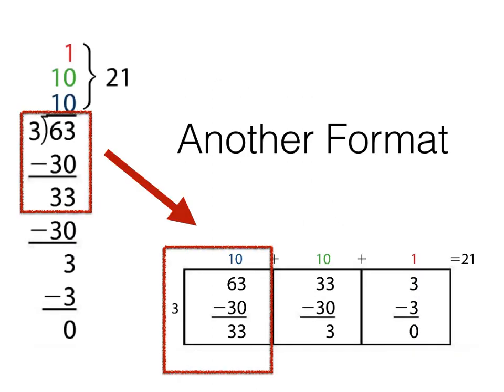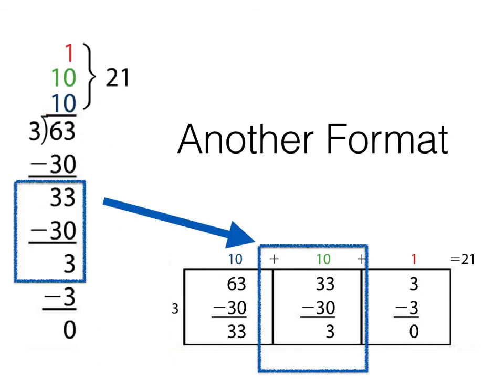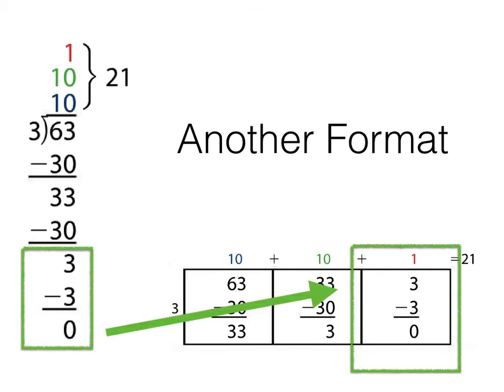Now, another format you're going to see on tonight's homework, they're doing the exact same process. They're just going to put it in little boxes for the kids. So on this first part, 63 minus 30 equals 33 will be in the first box. And then as they do the 33 minus 30 equals 3, they're going to just put that in the second box with the quotients across the top of the boxes. 3 minus 3 is 0.